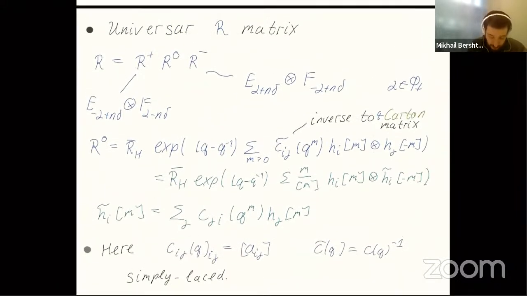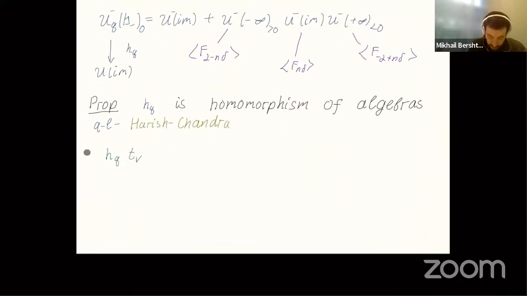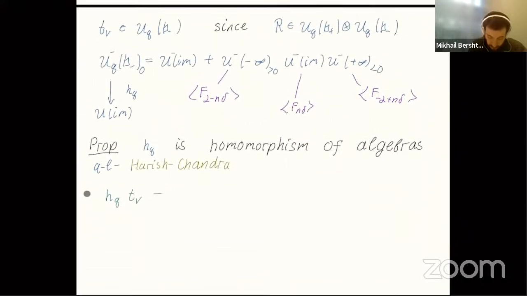So we take H_Q, trace over V, rho_V tensor identity. All this applied to the universal matrix.